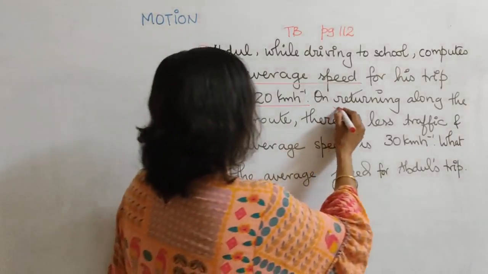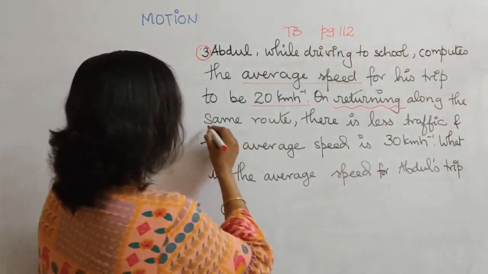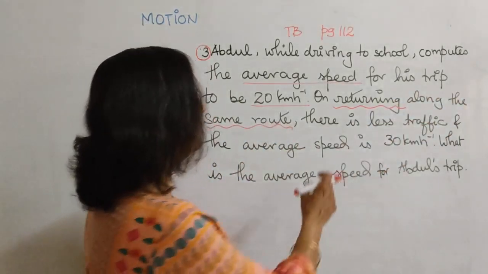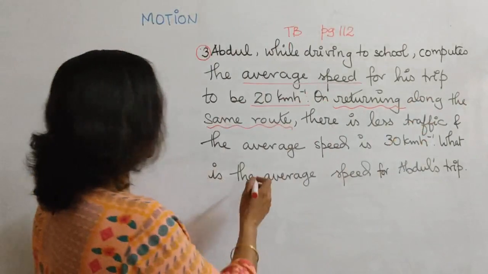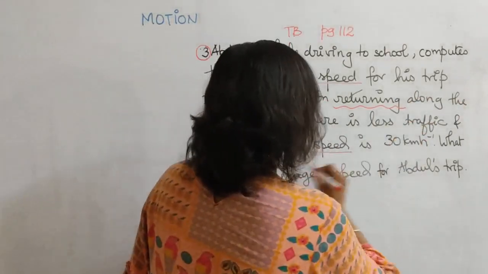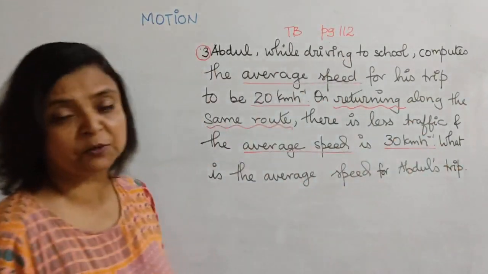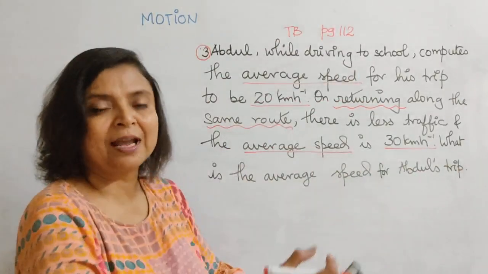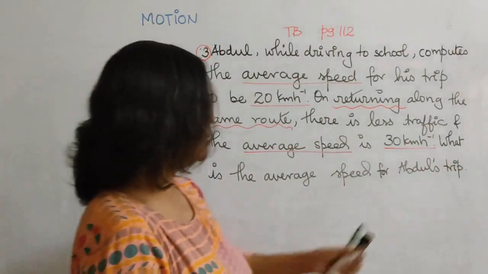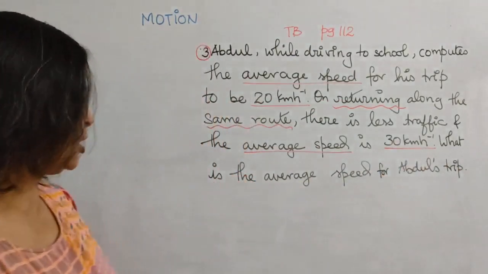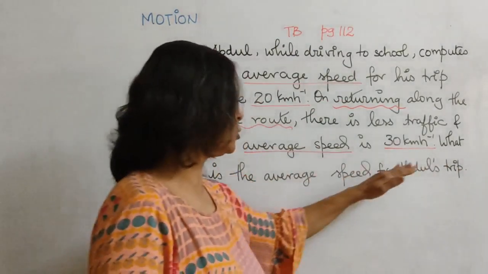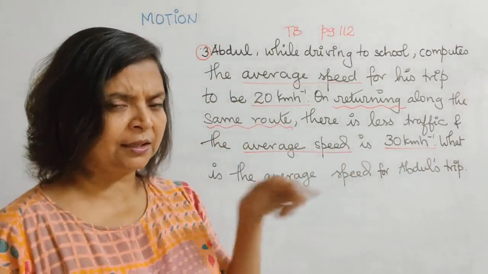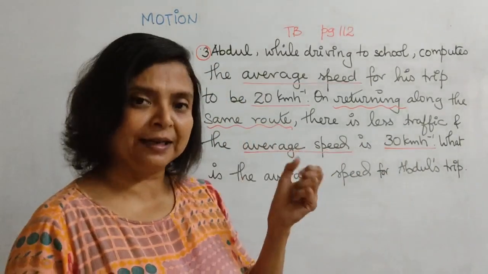On returning along the same route, there is less traffic and the average speed for the trip is 30 kilometers per hour. What is the average speed for Abdul's trip? Basically combined.